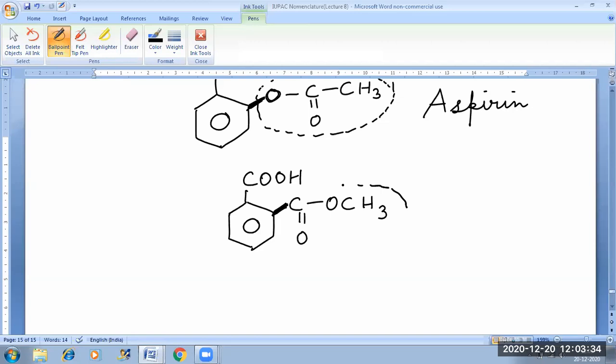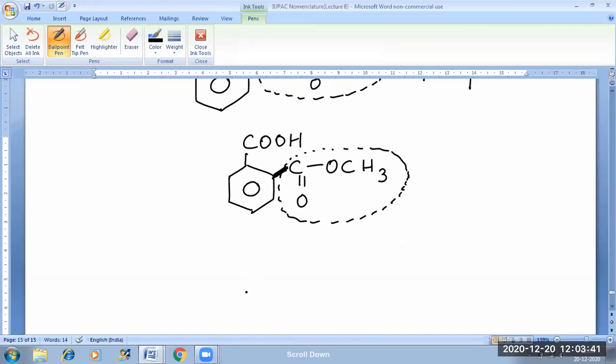Ester was carbon-linked, so this is also a substituent, but what will its prefix be? I already studied this when we did esters. If you remember, the prefix for an ester is alkoxycarbonyl, so this will be 2-methoxycarbonyl.